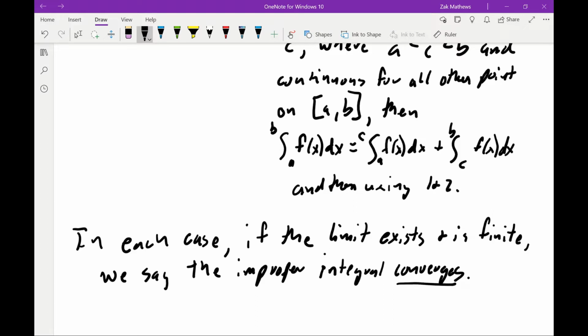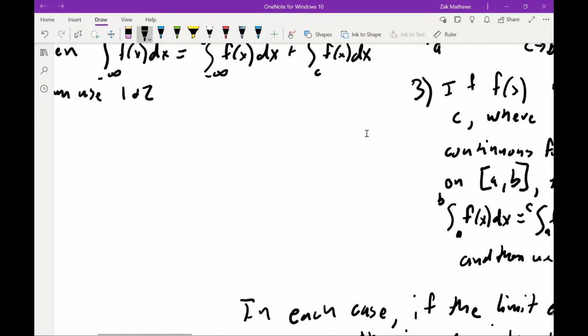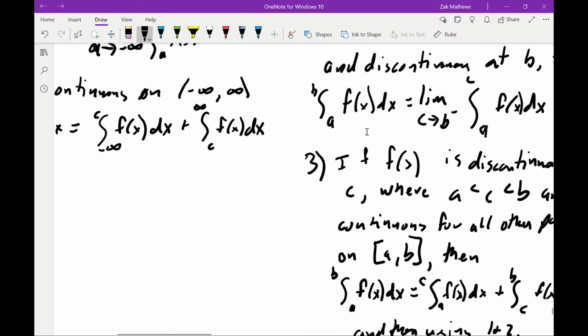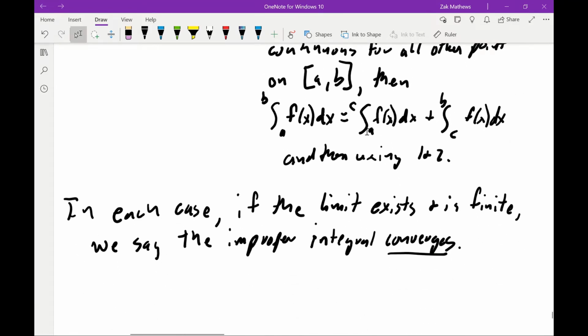So if that limit that we're taking, when we break these things apart and replace it with that other variable, it doesn't matter type 1 or type 2, if we take that limit and we can find it, it is finite, it exists, we say it converges.